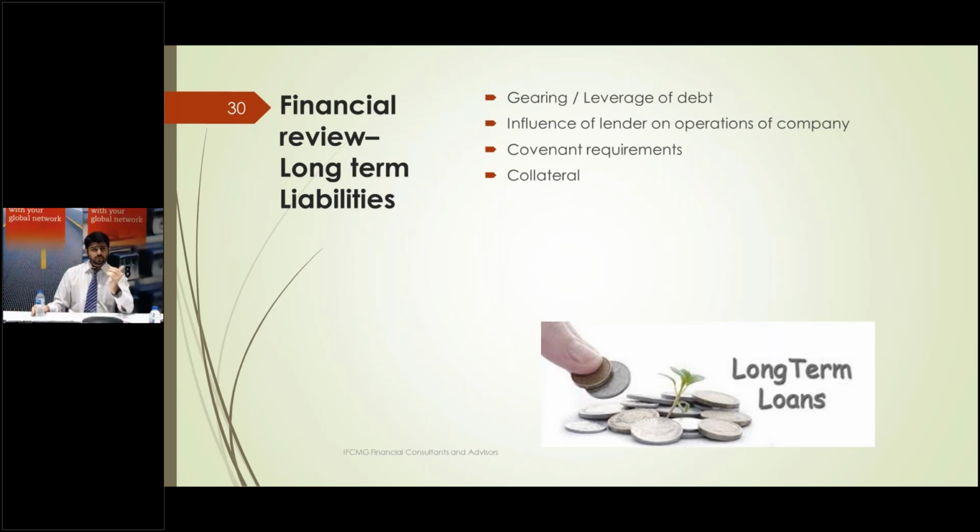Other covenant requirements are like inventory levels. We can revisit our cost of sales and inventory discussion, where we discussed that inventory levels should be dictated by economic order quantity, whereby the cost of ordering inventory, the cost of holding the inventory, and the cost of the inventory itself should be minimal.